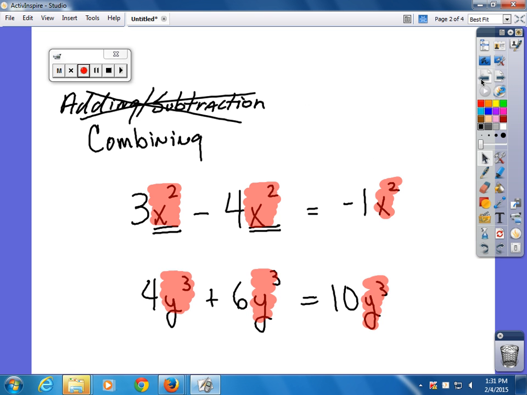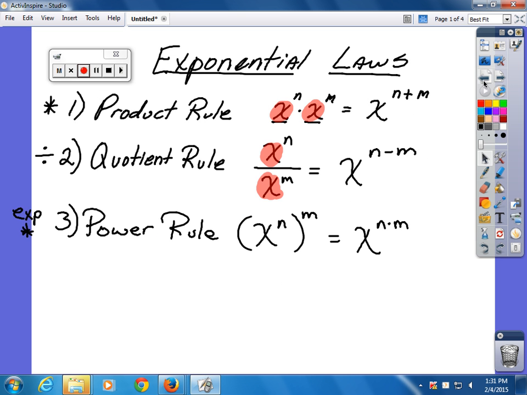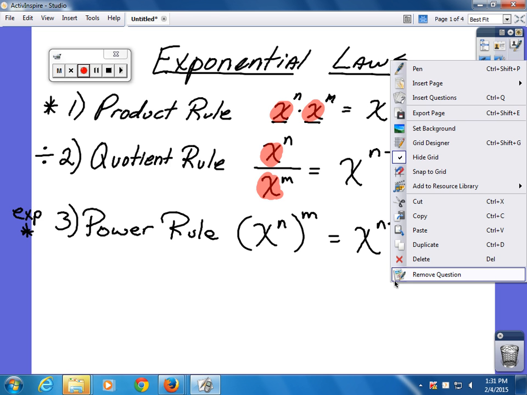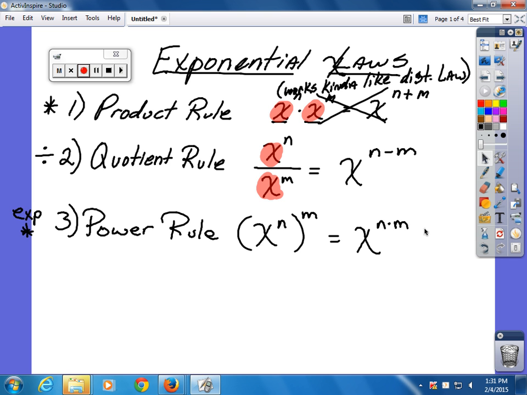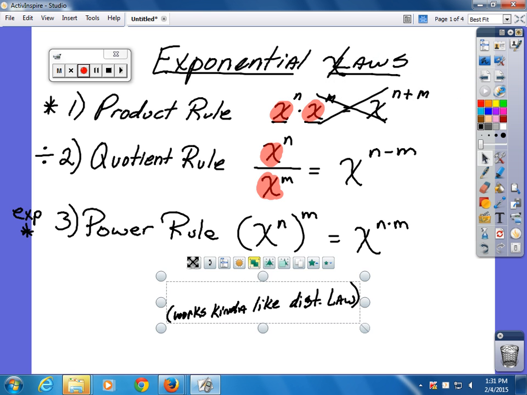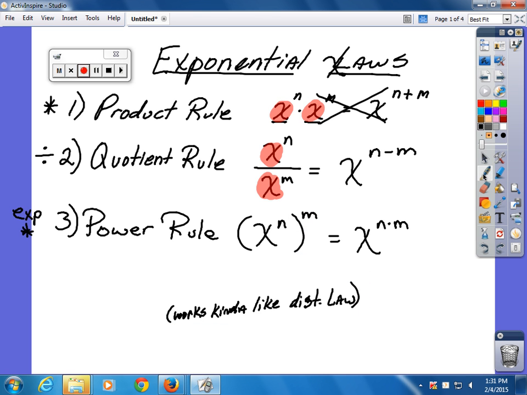That's where it belongs. There, power rule. It's kind of like distributive law. Once you distribute that M right here, what happens to the parentheses? They're gone. Okay?